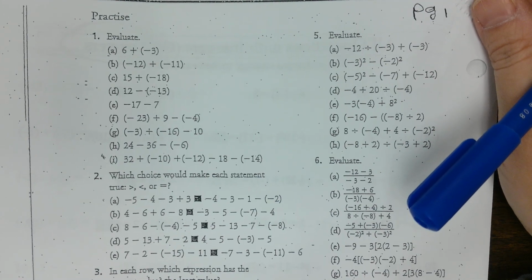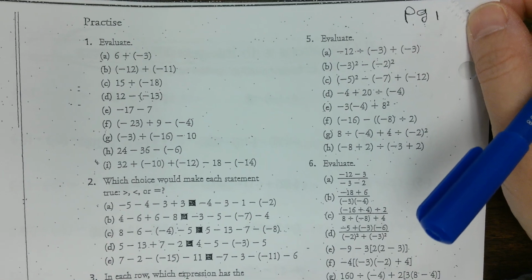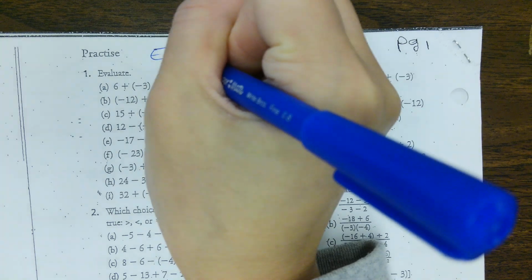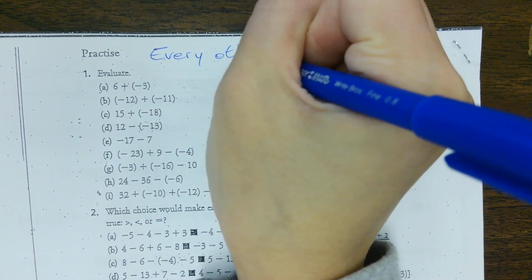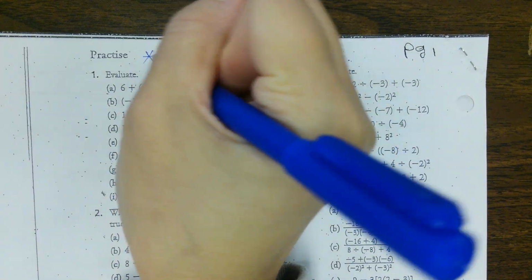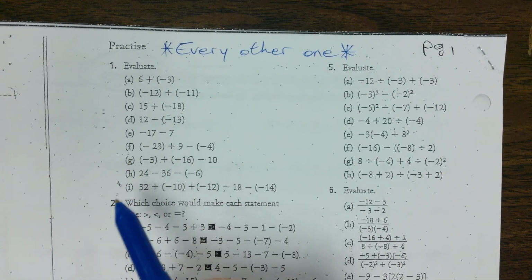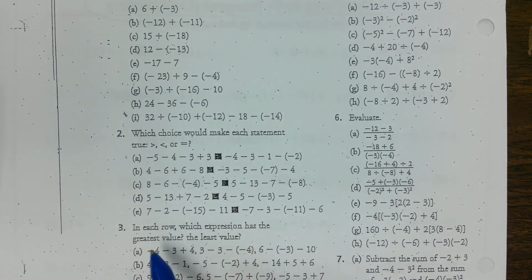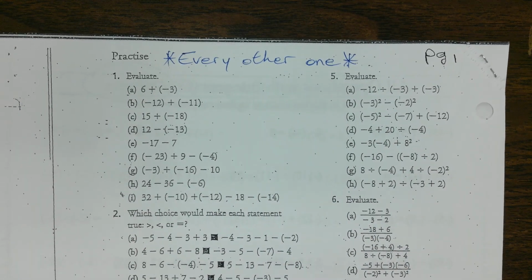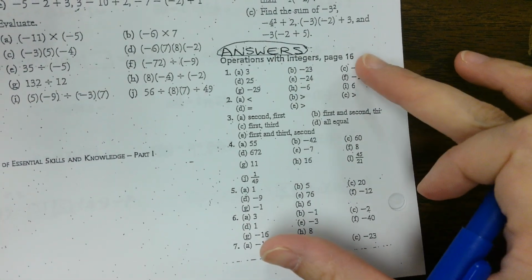Because you guys have been so awesome, participating, doing so well, every other one. So for homework, just do every other one. So A, C, E, G, I, and so forth, okay? So there you go, homework just cut in half for you guys. Answers are on the bottom for you guys to check.